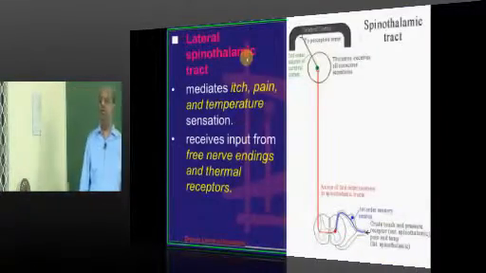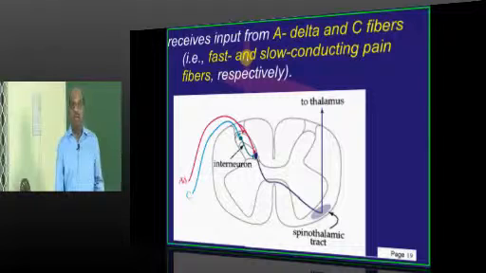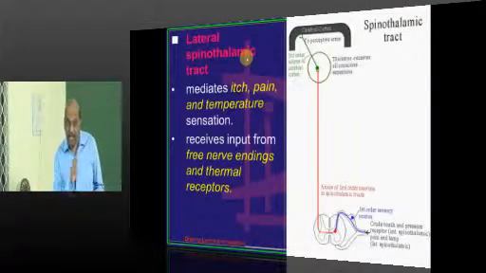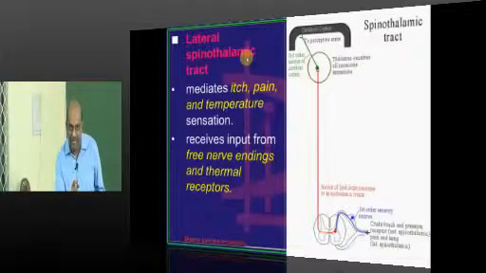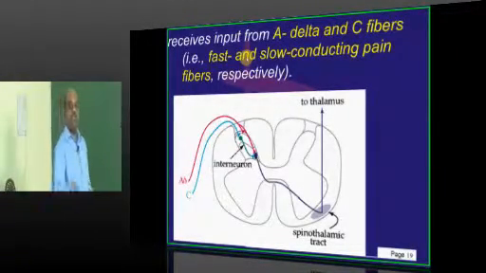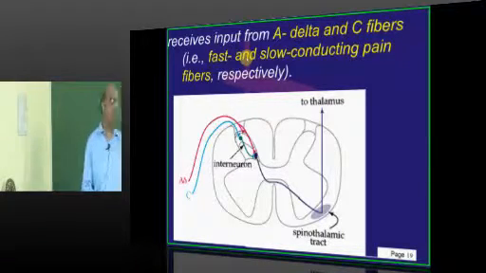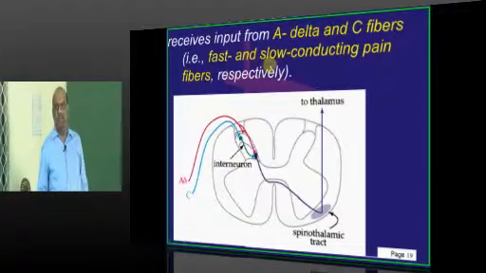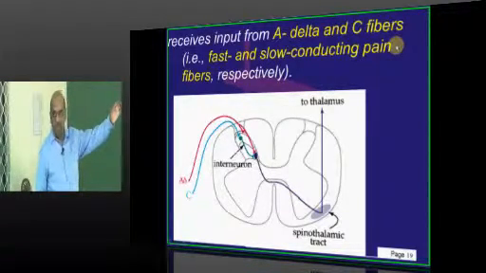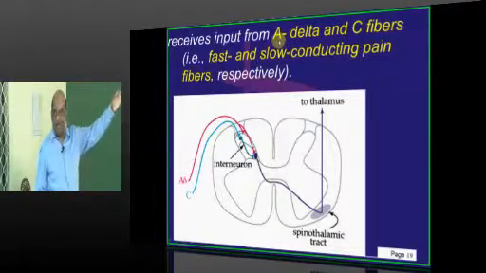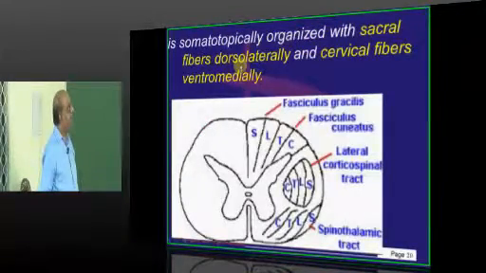Then what else you need to know? Just like Merkel's disc and free nerve endings are important for the ventral spinothalamic tract, no? For the lateral spinothalamic tract, what is important? It is the slow conducting fibers. Pain is carried by C fibers. Fast conducting pain is carried by the A delta.